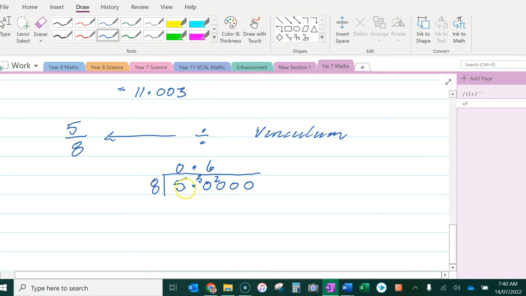So 8 goes into 20 2 times, 2 8s are 16, and then 4 over. And 8 goes into 40 5 times because I know my tables. So 5/8 as a decimal equals 0.625.